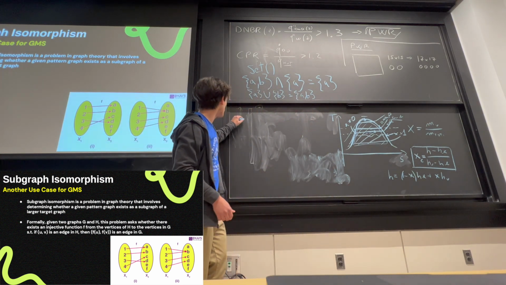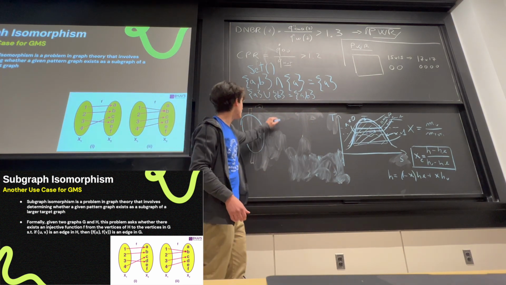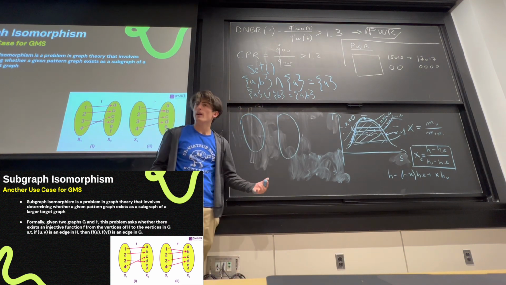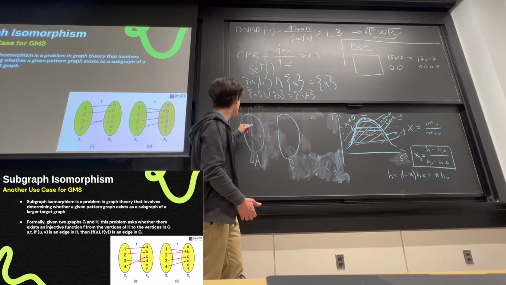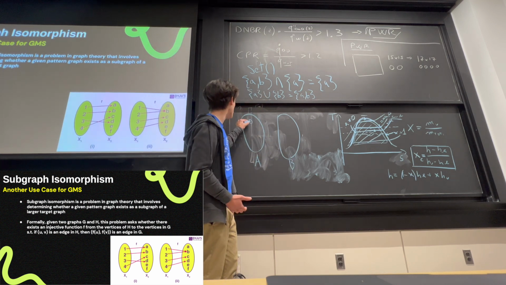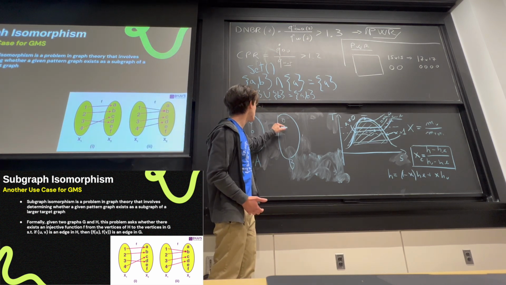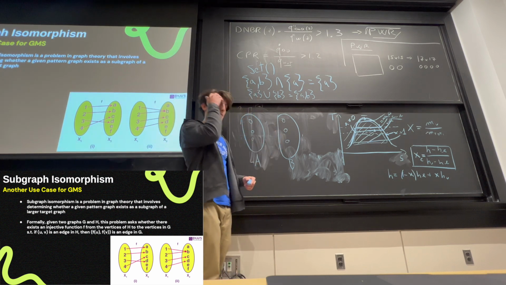So essentially, an injection is where you have two graphs, let's call them A and B. They each have some number of elements. Let's say 3, but it's unknown to anybody else that they both have 3.